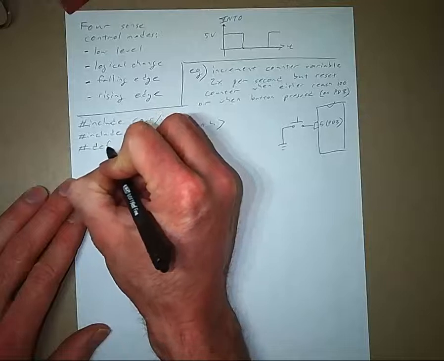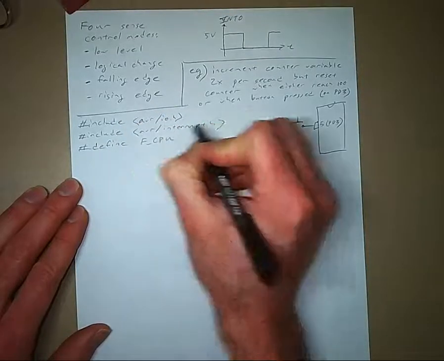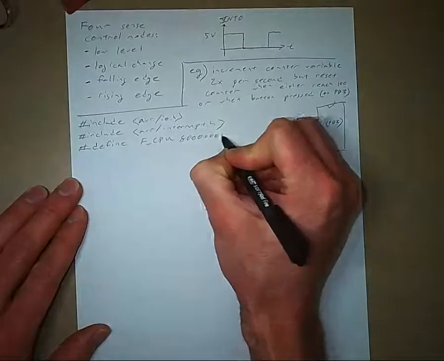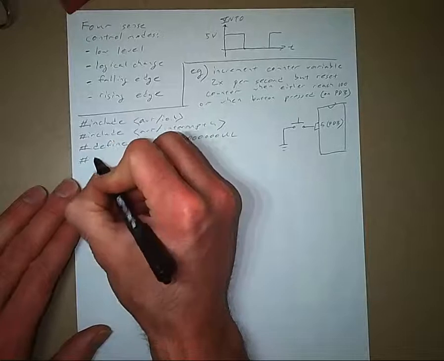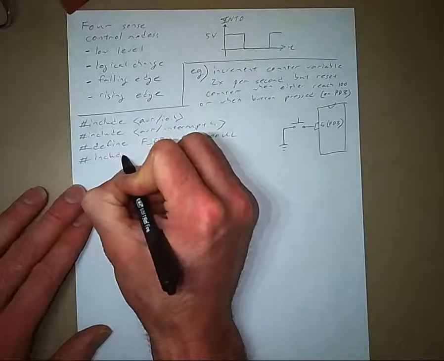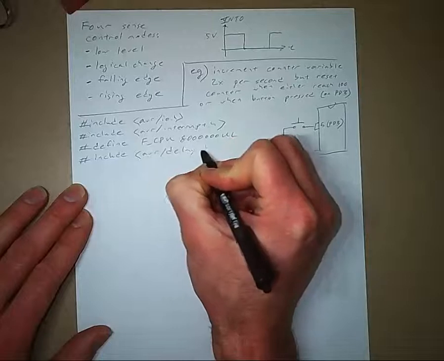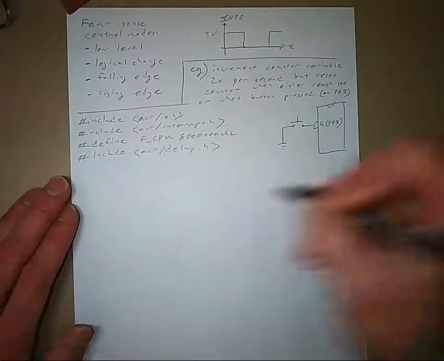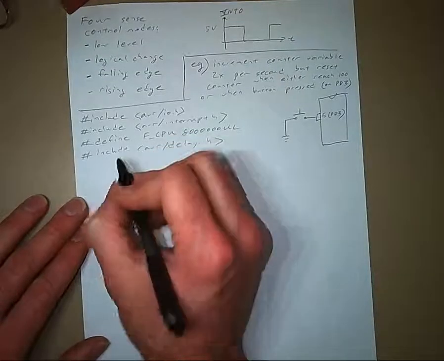And so we need to define F_CPU as 8 million and include delay.h. All right. Now, this is going to be pretty new, and we'll talk about why we're going to do this next line at the end.